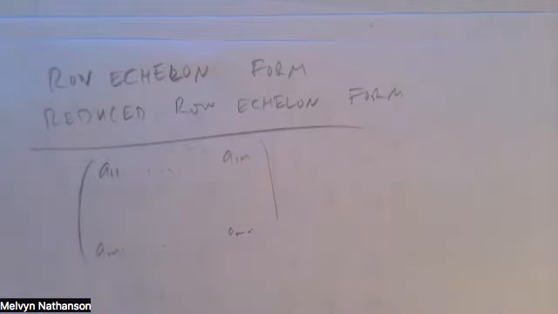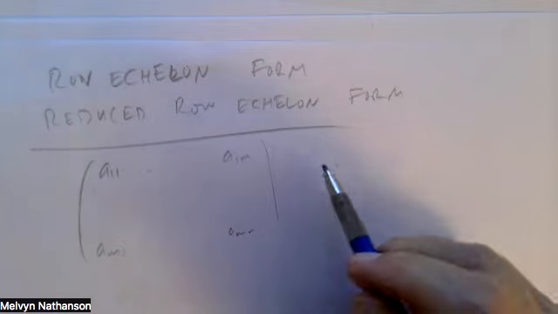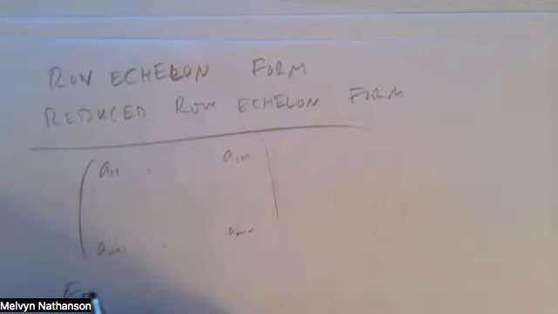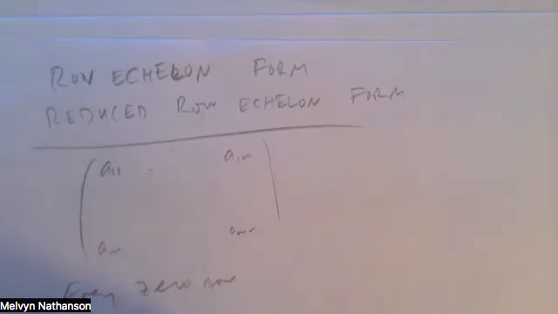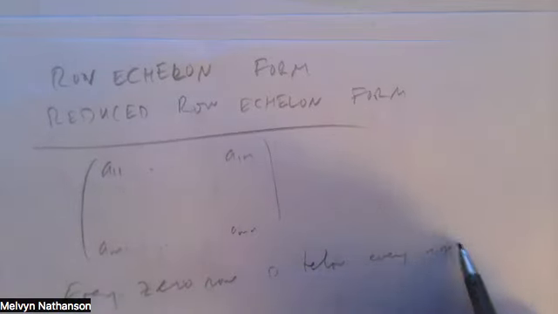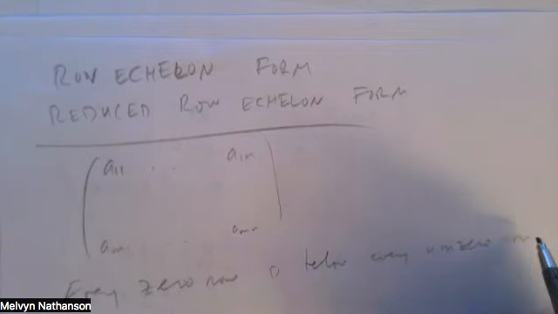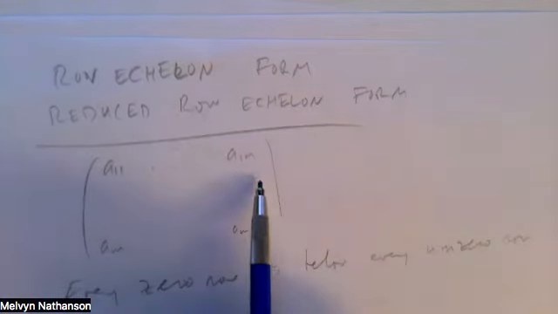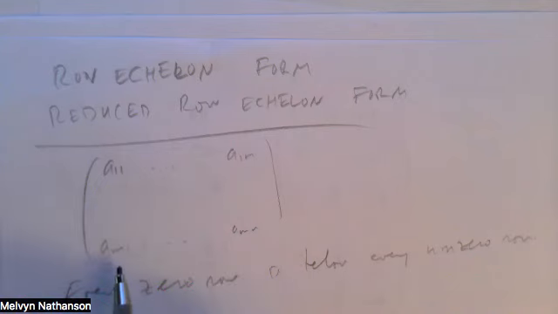So every zero row is at the bottom. A zero row is a row where all the coordinates are zero, and it is below every non-zero row. You can always arrange that. If you have a matrix with a row that's zero and beneath it is a row that's non-zero, you just interchange them, right?